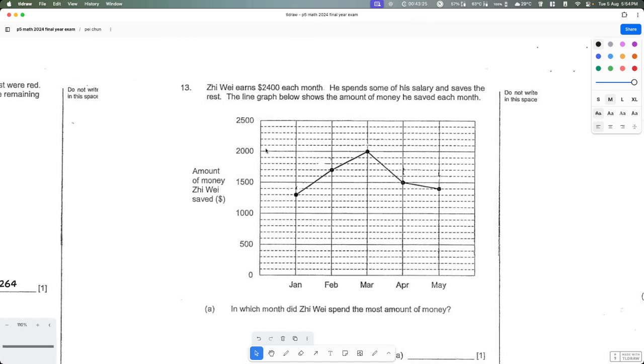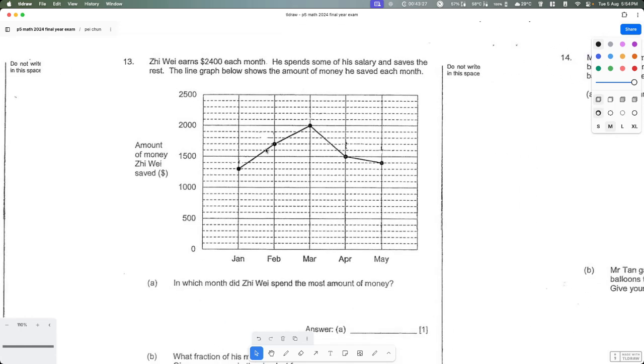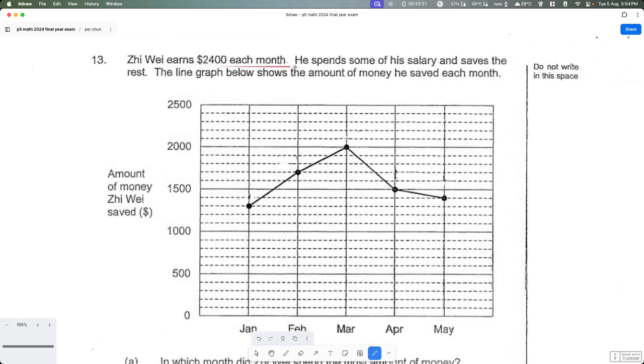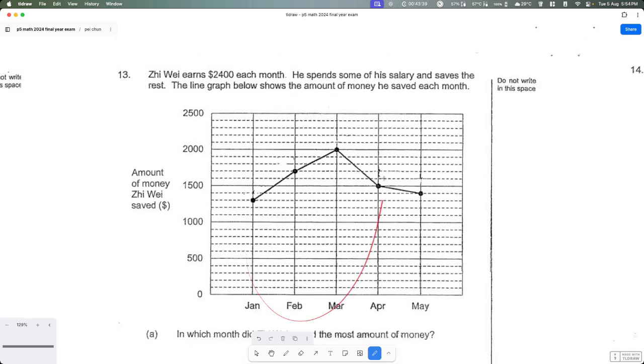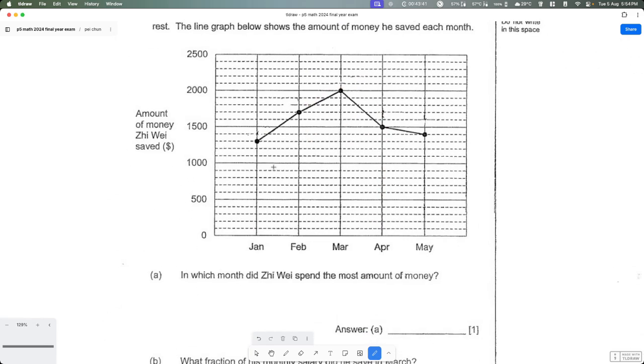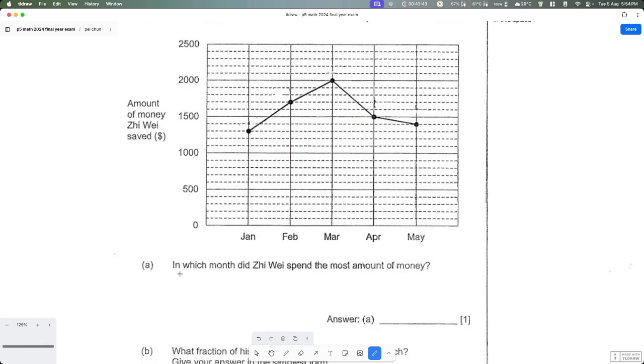Question number 13. Zi Wei earns $2,400 each month. He spends some of his salary and saves the rest. The line graph below shows the amount of money he saved each month. Which month did Zi Wei spend the most amount of money?